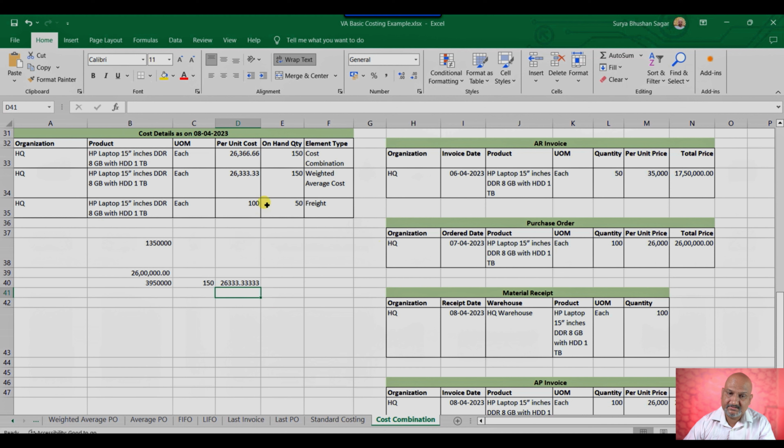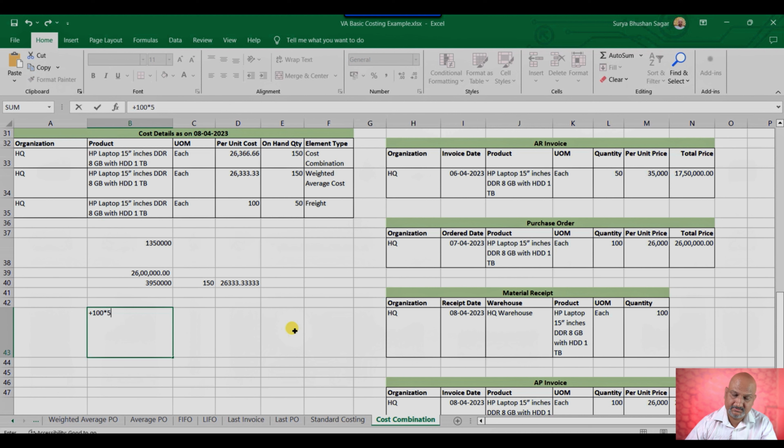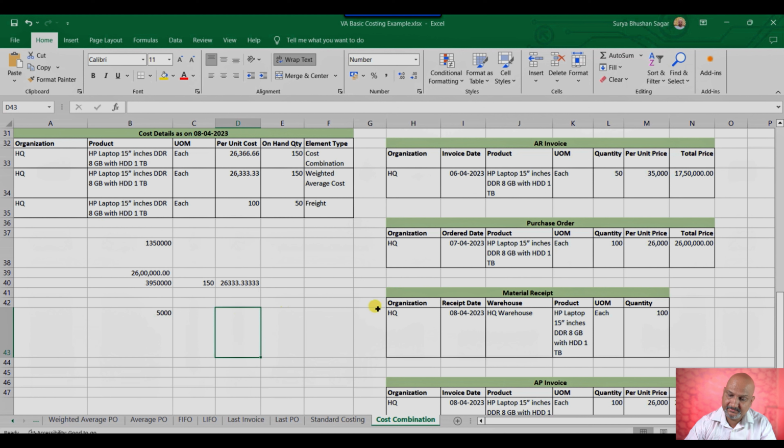So it is going to be 26,333.333 for 150 quantities. Now the freight is this value: 100 multiplied by 50, and our total quantity is 150. So the system calculates it in this way, divided by 150, and when you sum up these two values it becomes 26,366.66.